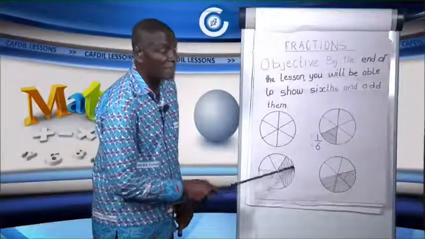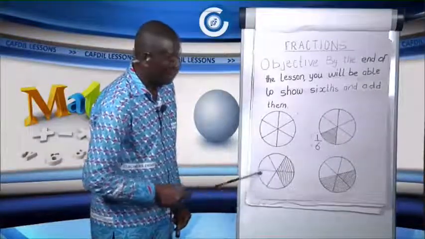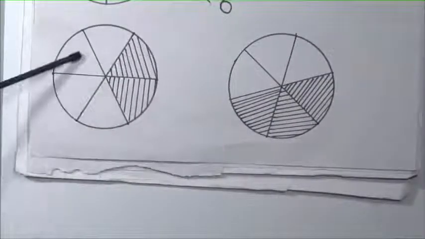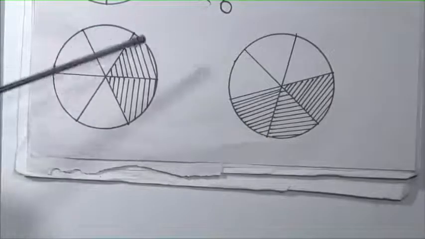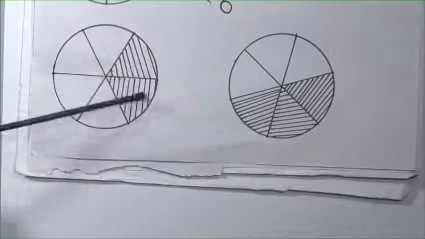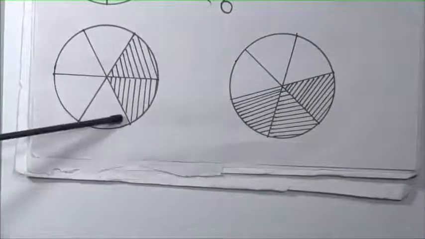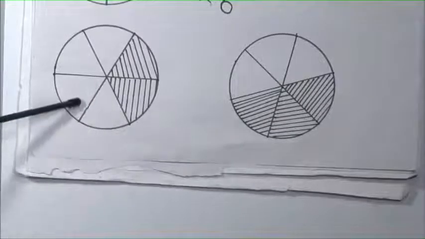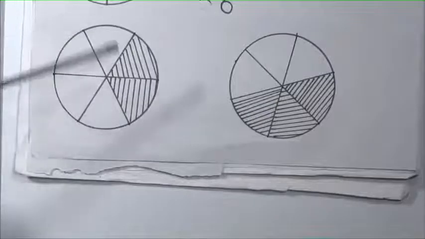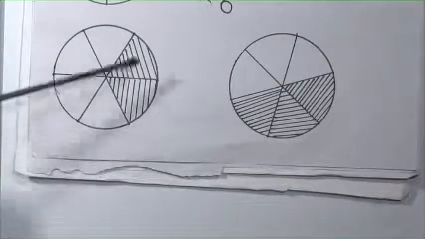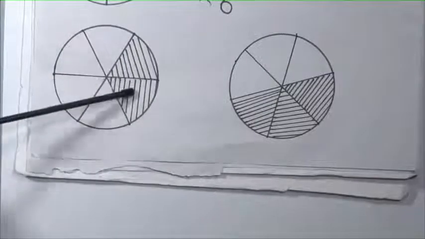We have another circle. Let us find how many parts in it. 1, 2, 3, 4, 5, and 6. How many parts have been shaded? 1, 2.